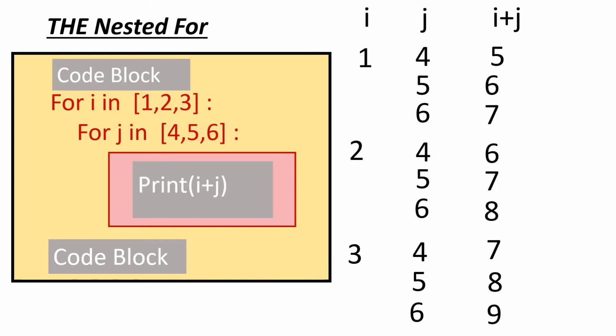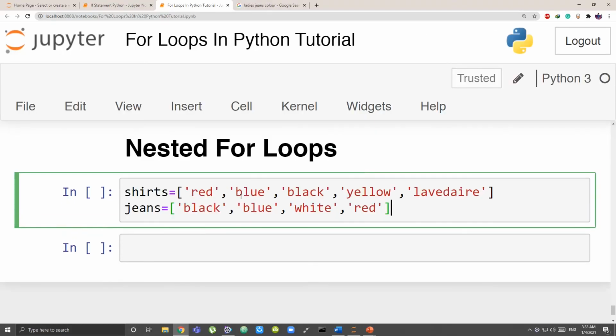Now when the for loop goes up, the program sees that we have iterated over all the elements of i. The 3 was the last element. So we come out of the loop, and whatever is there after the loop will run. This is how nested for loops work. So these are our shirts list and jeans list. These are the colors of shirts and jeans.